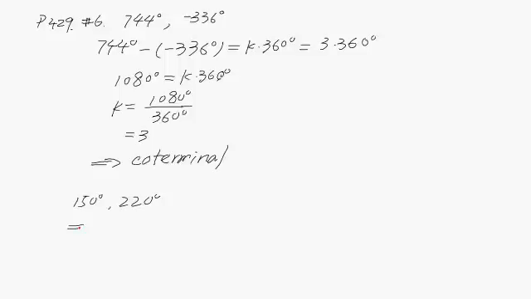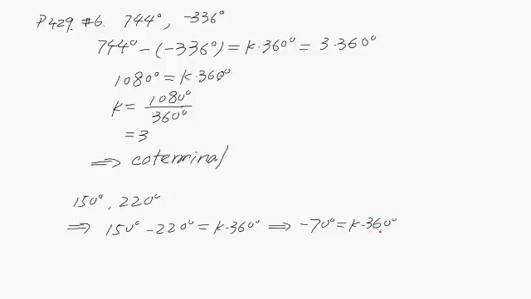So we have the equation 150 degrees minus 220 degrees equal to k times 360 degrees. Now, this implies we have negative 70 degrees equal to k times 360 degrees.